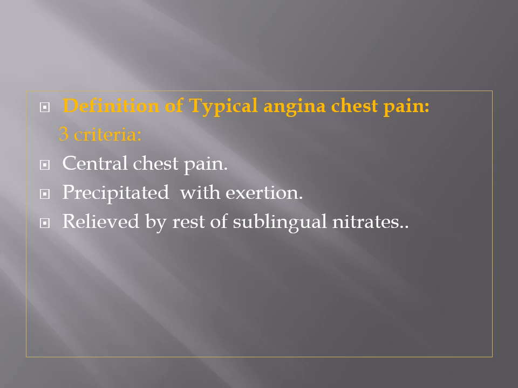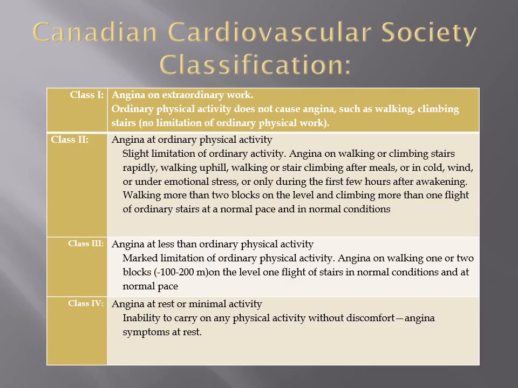Definition of typical anginal pain: 3 main criteria, central chest pain, precipitated with exertion, physical or emotional, relieved by rest or sublingual nitrates. Now, functional grading or functional classification of angina, the same as functional classification of dyspnea according to the New York Heart Association, mentioned before in another lecture.